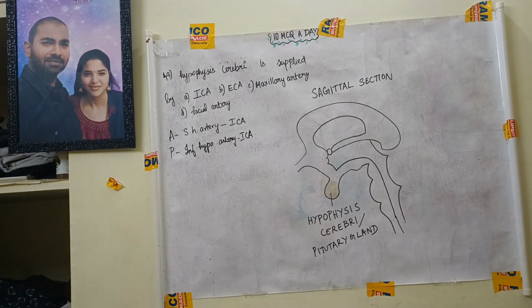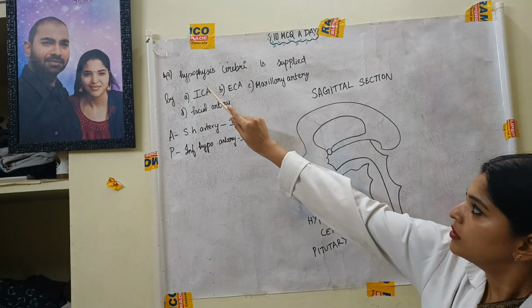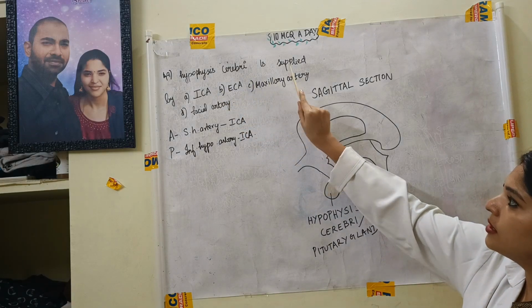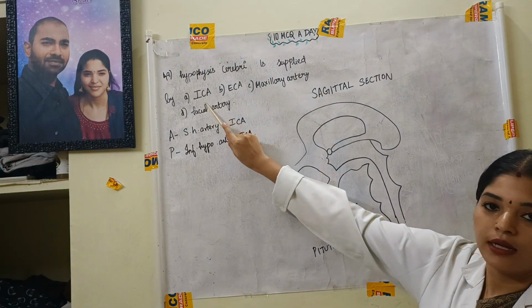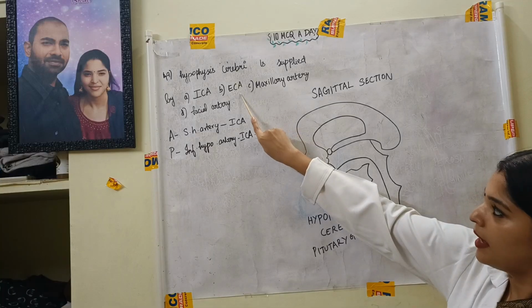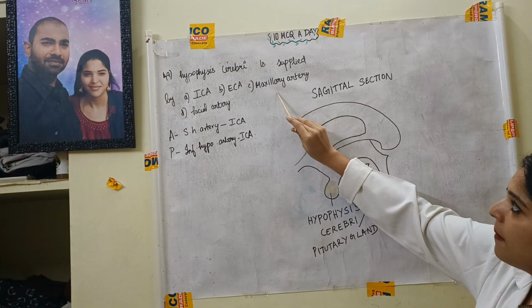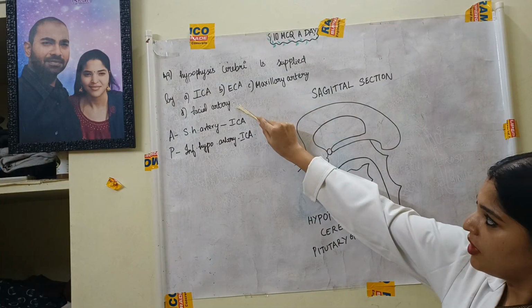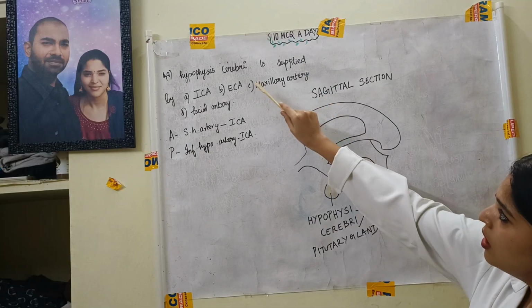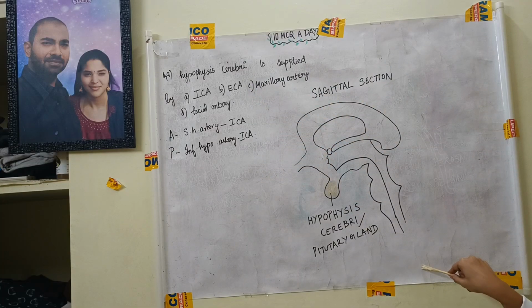This is the next MCQ. The hypophysis cerebri is supplied by A, internal carotid artery, B, external carotid artery, C, maxillary artery, and D, facial artery. So this is the sagittal section, and this is the hypophysis cerebri or pituitary gland.